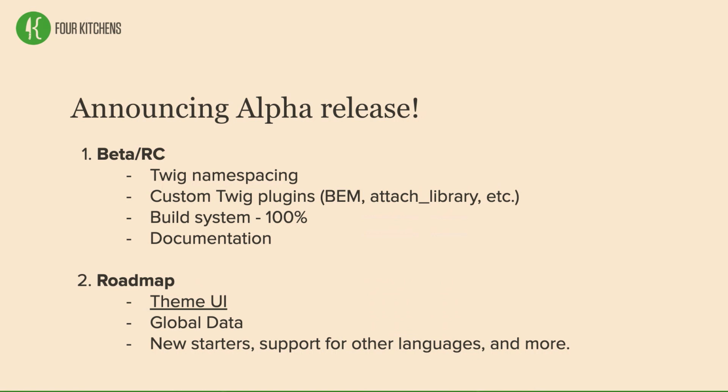And then on the roadmap, some more exciting things. If you are familiar with Gatsby, Gatsby's also come out with Theme UI, which is separate from themes, but it's sort of their recommendation because it follows the same model. It's basically an ability to really easily pass styling as configuration from a parent to a child.